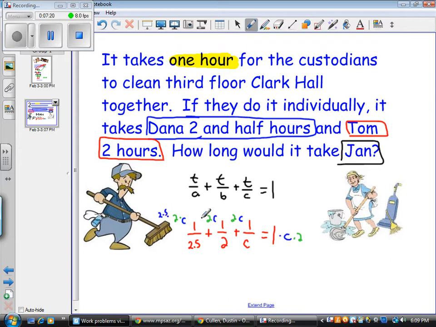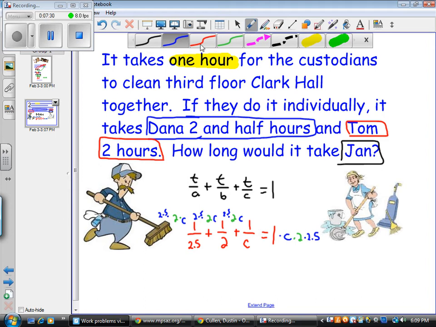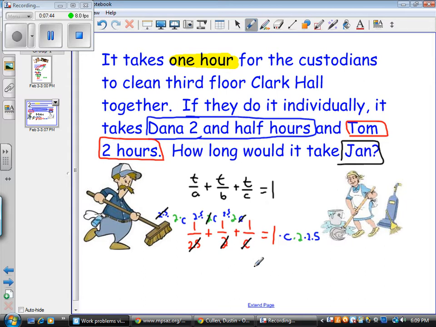And you're also going to have to multiply through by 2.5 on everything, which really is the same thing as multiplying through by 5, but that, it is what it is. So the 2.5s here will cancel. In the middle part, the 2's will cancel. The third part, the C will cancel.